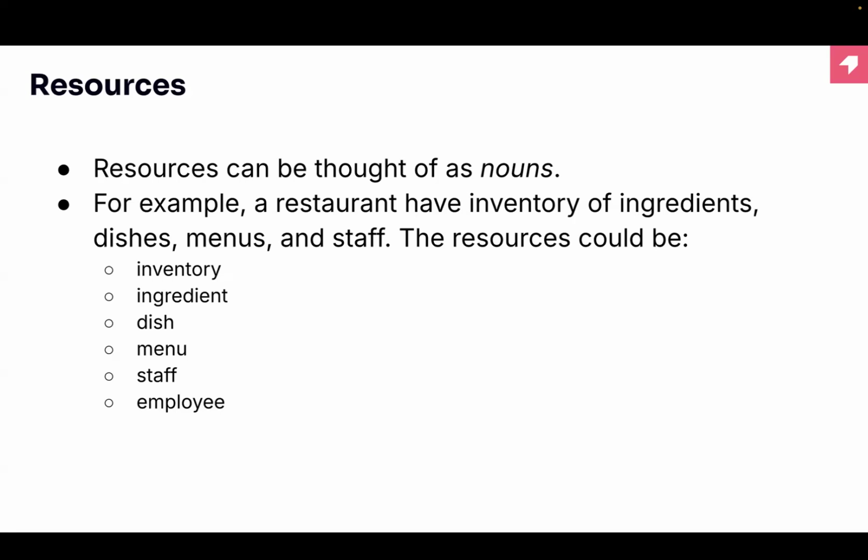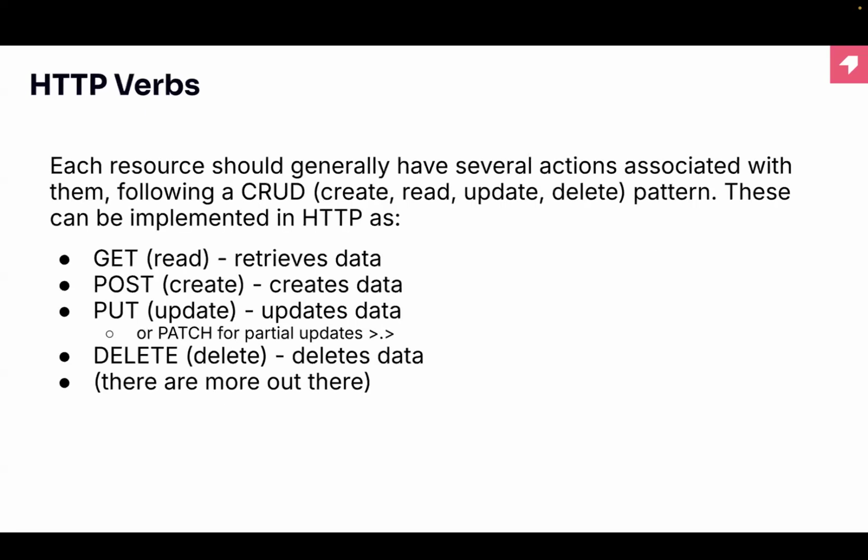A staff is a group of employees, an inventory is a group of ingredients, but dishes are comprised of multiple ingredients, stuff like that. I don't think I wrote a slide for how to write schemas for that. But I did for one.